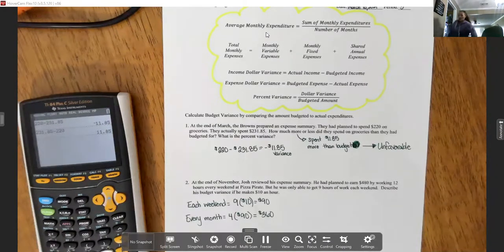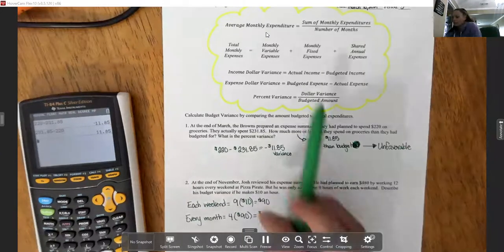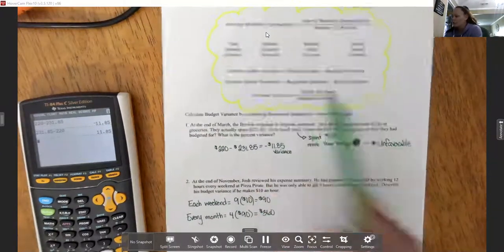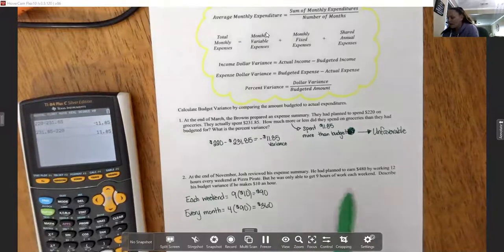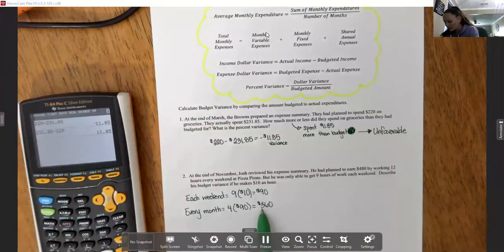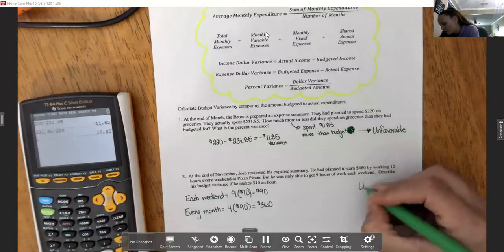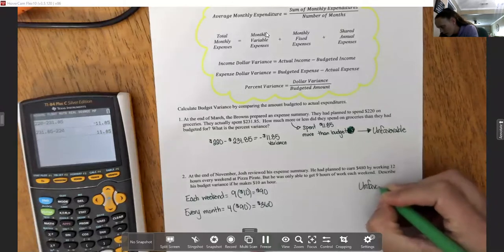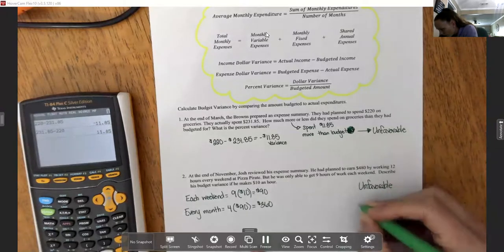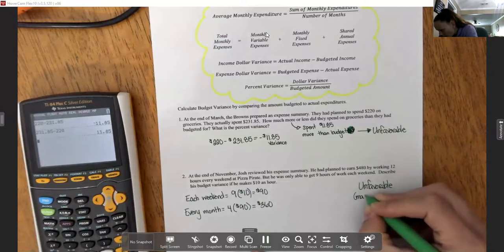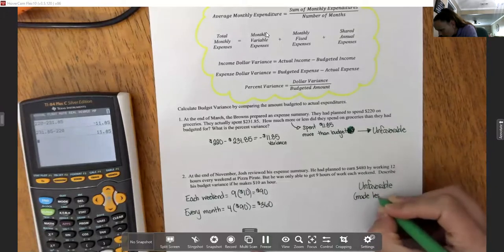So this is income, so we're doing it the other way around. But we can already tell he made $360. He planned on making $480. He made less than he planned. So this is also unfavorable, because he made less than planned.